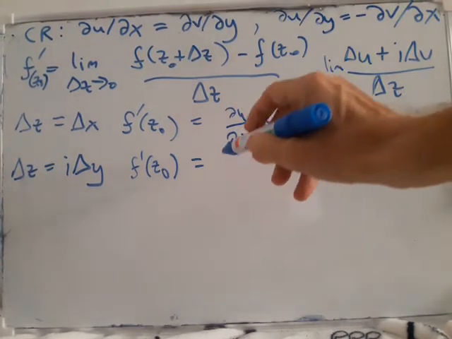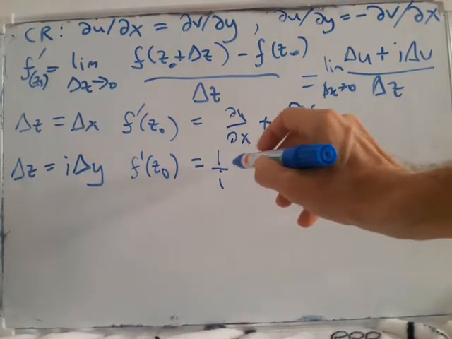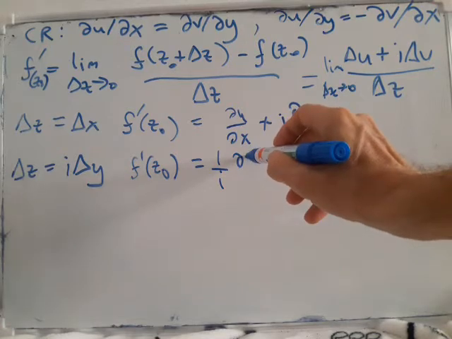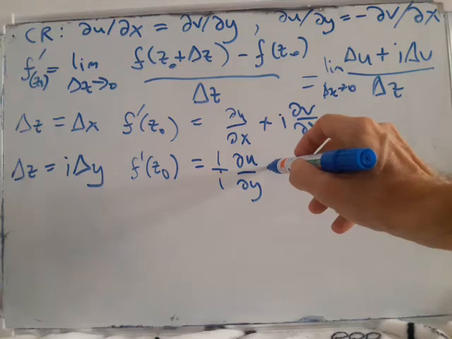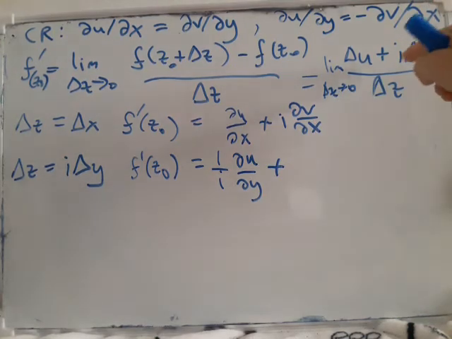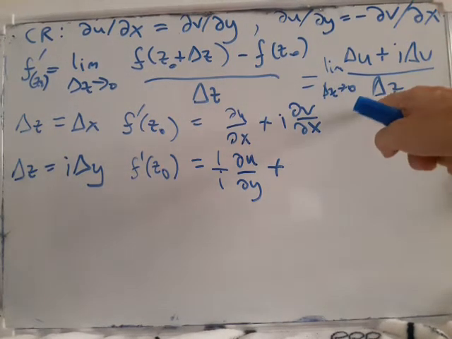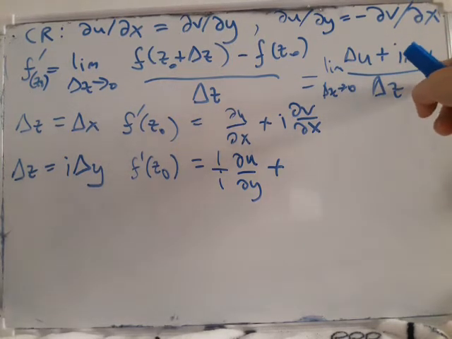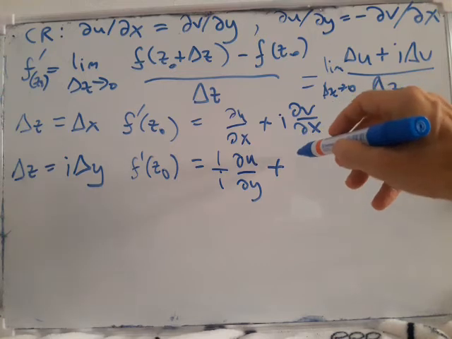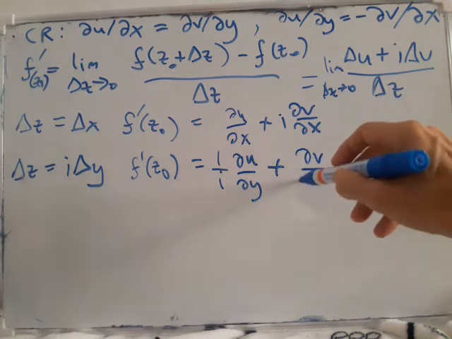So that's going to give us 1 over i times du by dy plus, and then this i is going to cancel with the i below, delta v divided by i delta y, so we just get dv by dy.